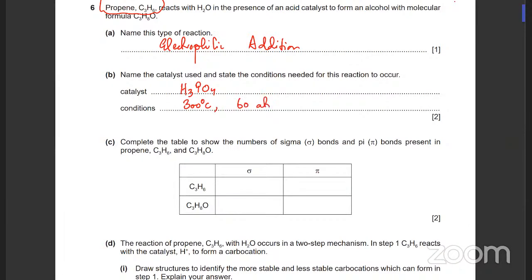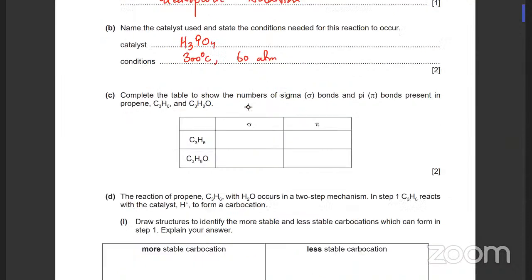60 atmospheres, so high pressures, high temperatures, and complete the table to show the number of sigma bonds and pi bonds present in both this one and this one. So you would have to draw this one. C3H6: how many double bonds, how many sigma bonds, and how many pi bonds does this have?